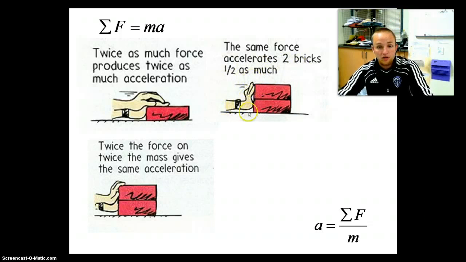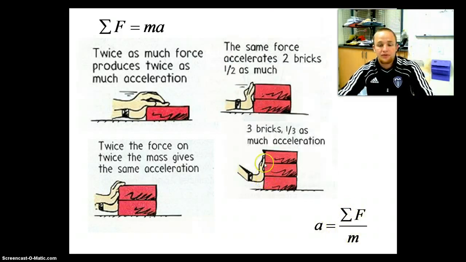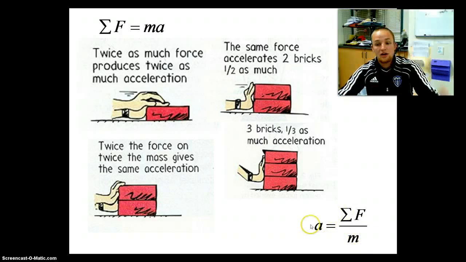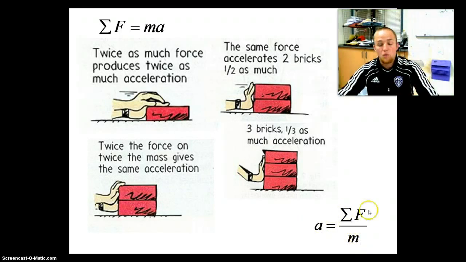So if I have that same force and double the mass, it would be 1/2 of what it was originally. I have 3 bricks, so I still have the same force, and that mass is 3 times what it was. Then my acceleration would be 1/3 of what it was. So 1F over 3M is 1/3 the acceleration. Just kind of makes sense.